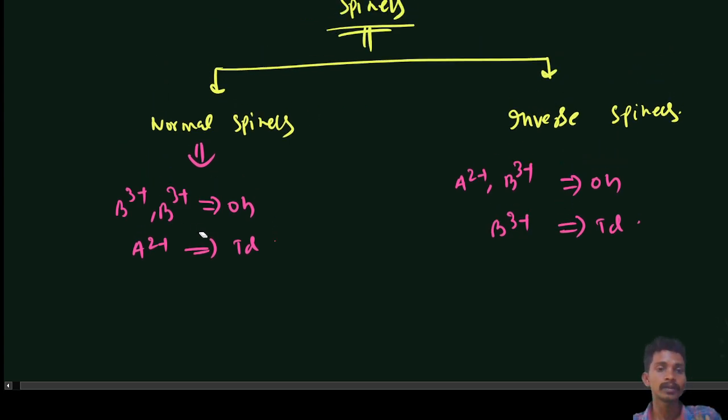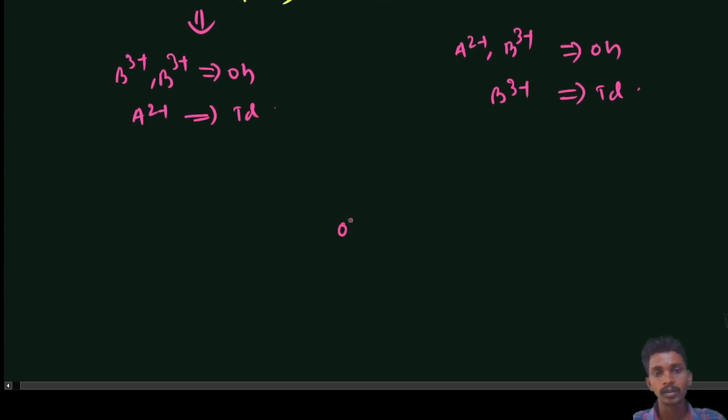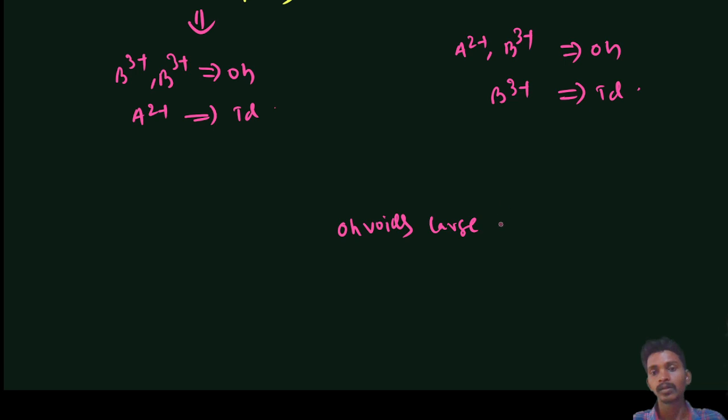So what I say is that generally the octahedral site is larger than the tetrahedral site.